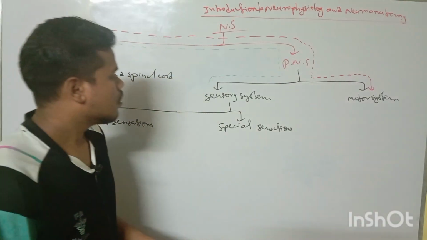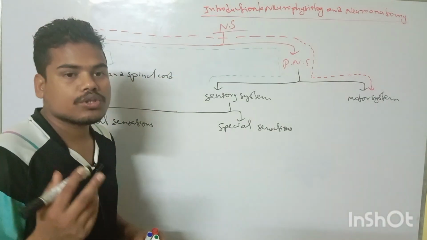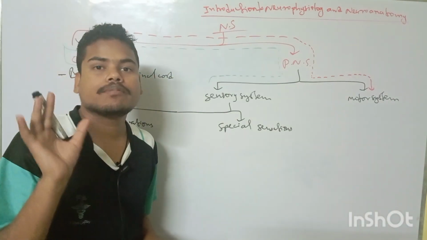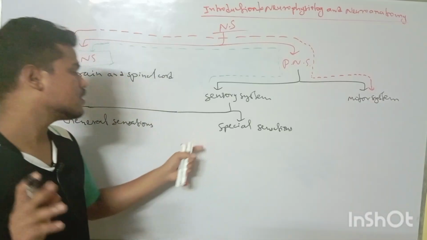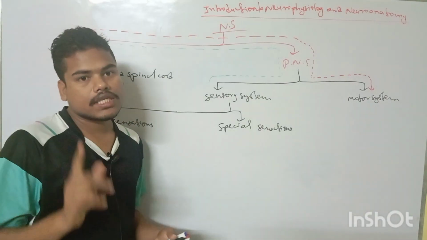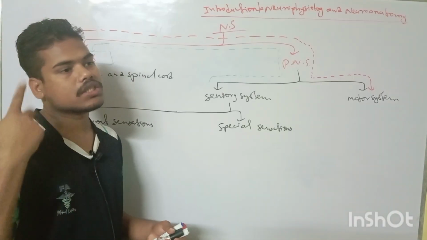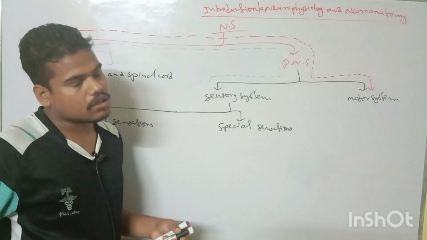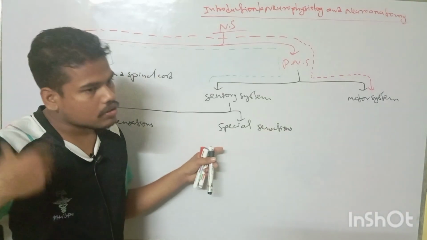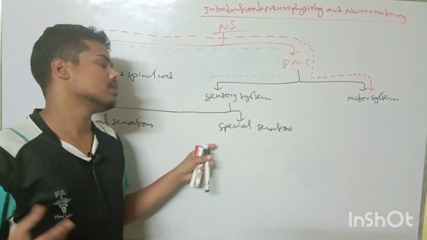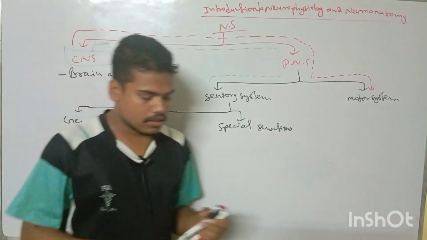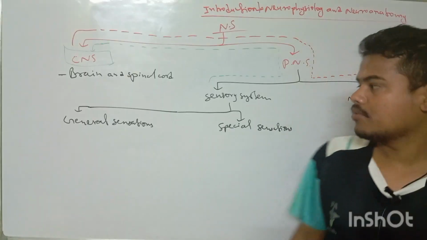So tongue now, and I also used that there should be the specialized receptor. For the taste sensation there is the taste bud, and taste bud is not found anywhere else. So other organs cannot carry the taste sensation. In the same way, for the vision, there are rods and cones.